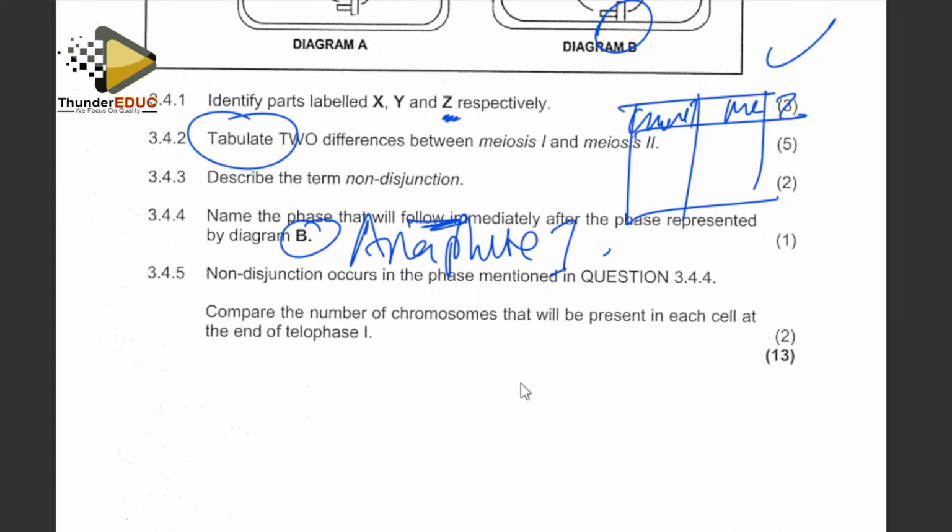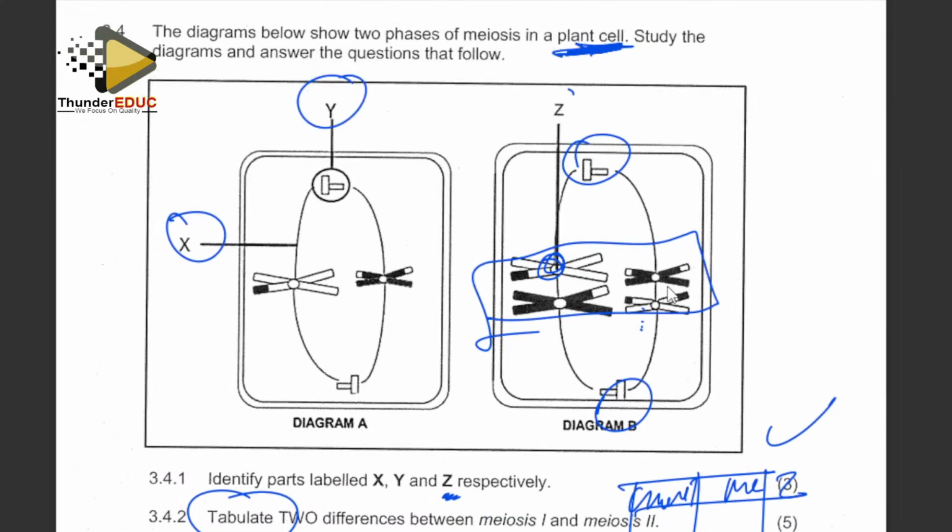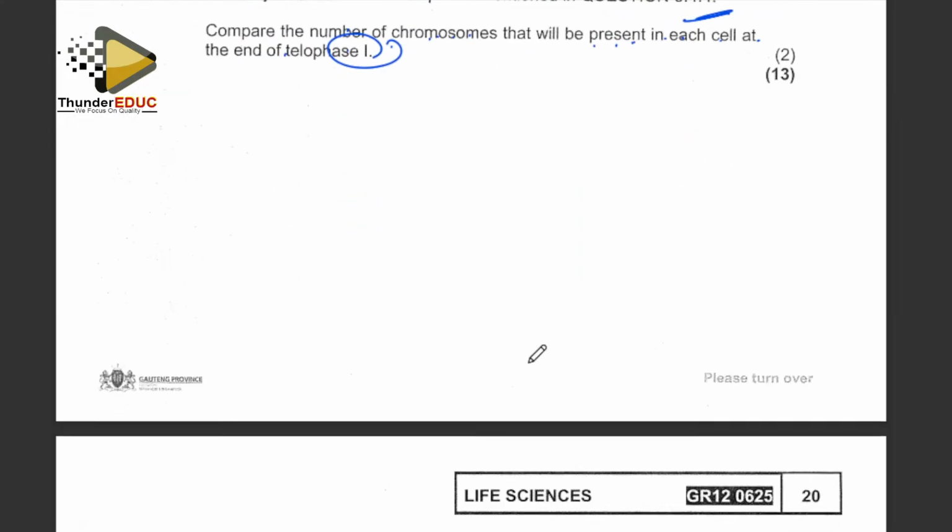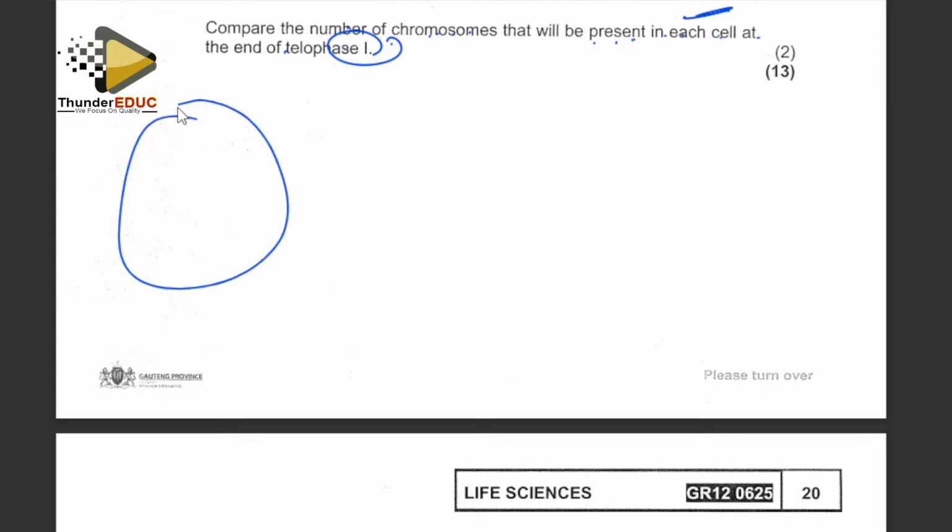Non-disjunction occurs in the phase mentioned above. Okay. Compare the number of chromosomes that will be present in each cell at the end of telophase. Oh guys, these are 4 chromosomes. Let me draw it here. If this is the cell, they are like this.